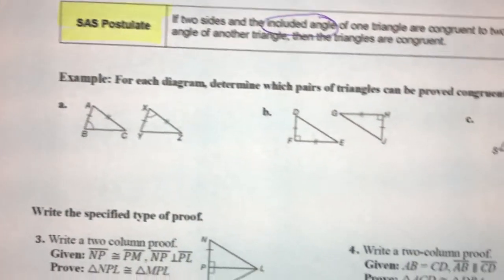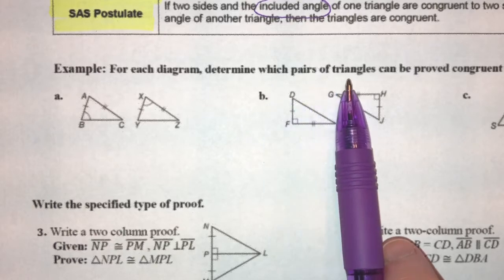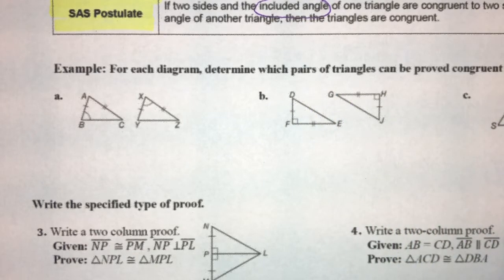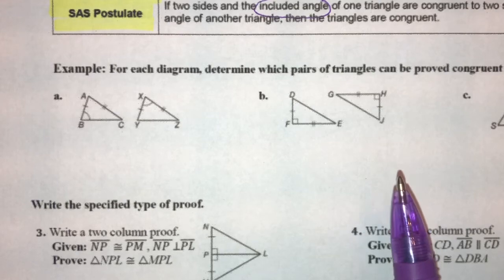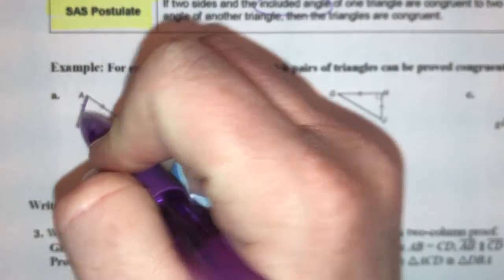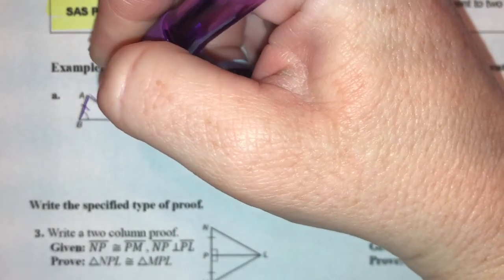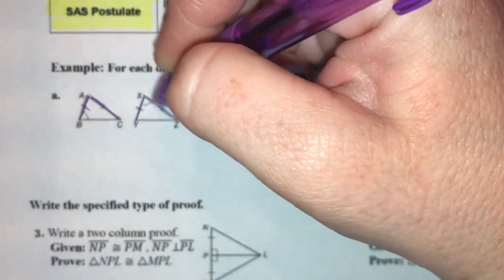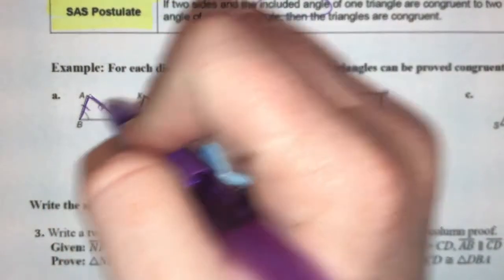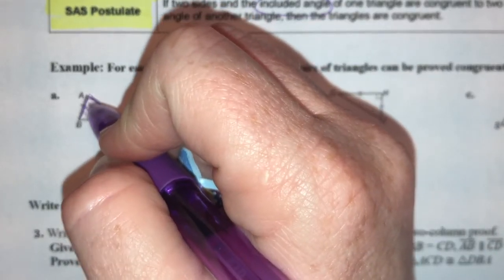So here, we've got a couple examples to do. For each diagram, determine which pairs of triangles can be proved congruent by side, angle, side. So here, we've got this side congruent to this side. They're marked. We've got this side congruent to this side. So far, so good. And the angle between the 2 right here is marked congruent, but it is not marked congruent here.